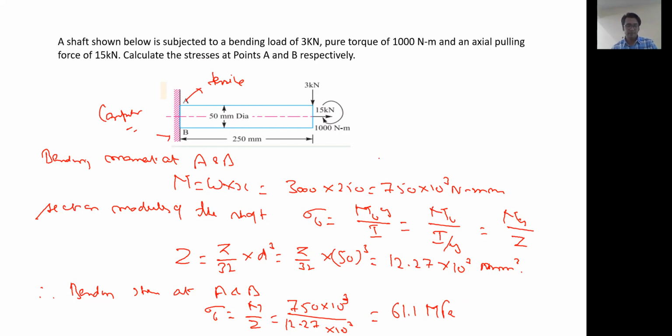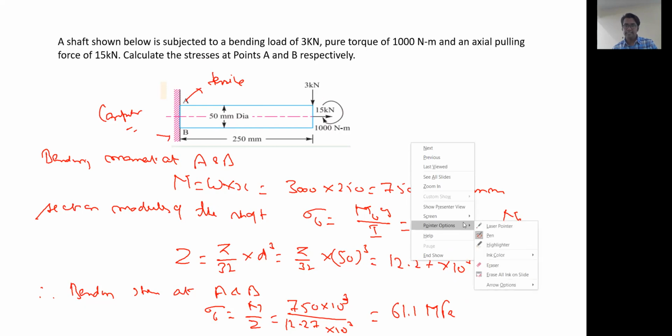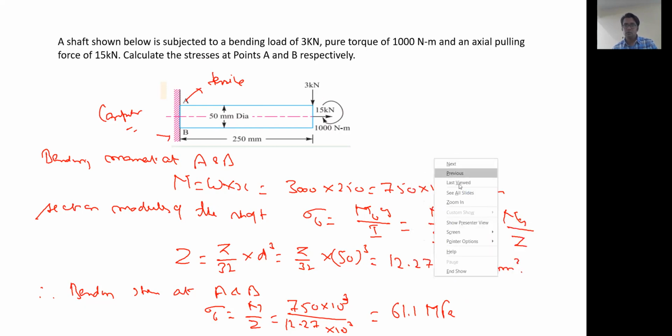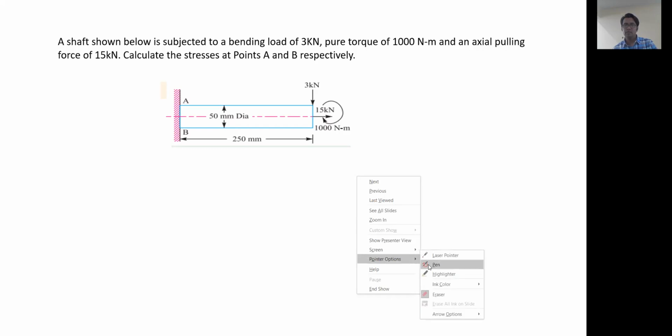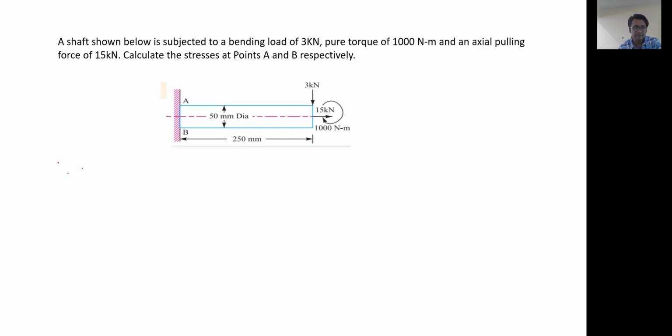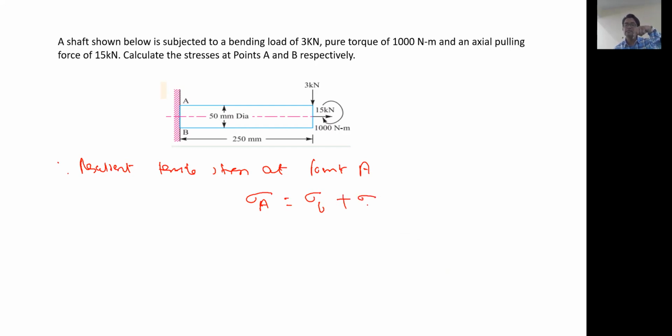Okay, fine. So now we know that here we have one tensile stress also acting on it. Okay, right? So we have to find out the resultant tensile stress at point A. It is sigma A is equal to the bending stress that we have found out plus the tensile stress.